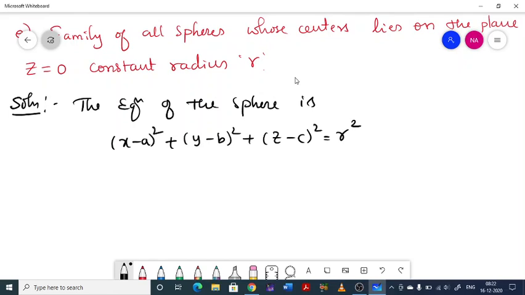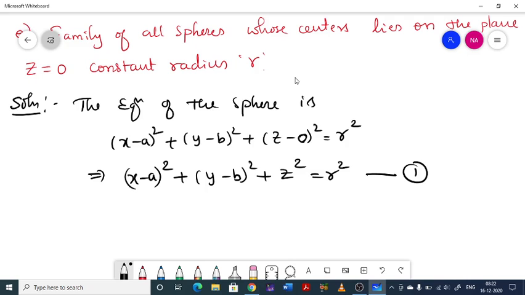But here it is given on the z plane, so the z coordinate will be 0. So the equation becomes x minus a whole square plus y minus b whole square plus z square equal to r square. This I take as equation 1.